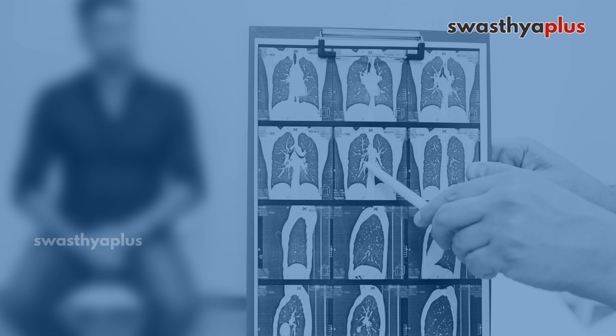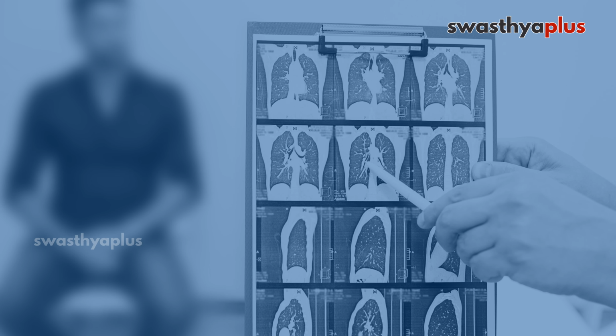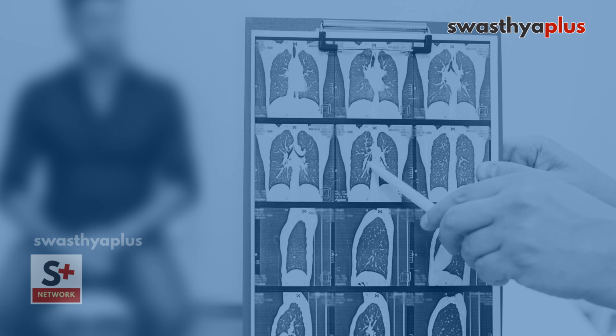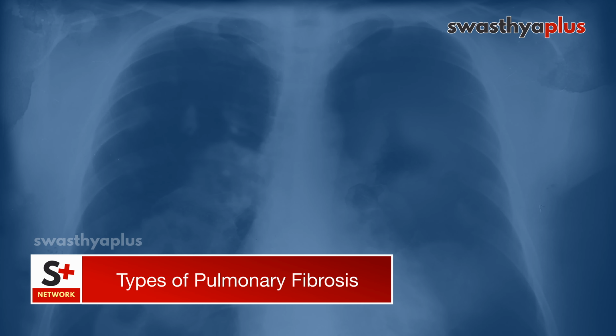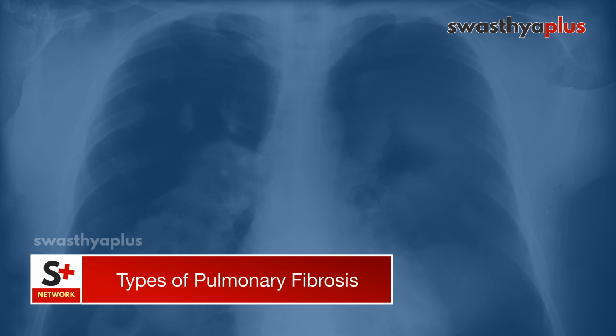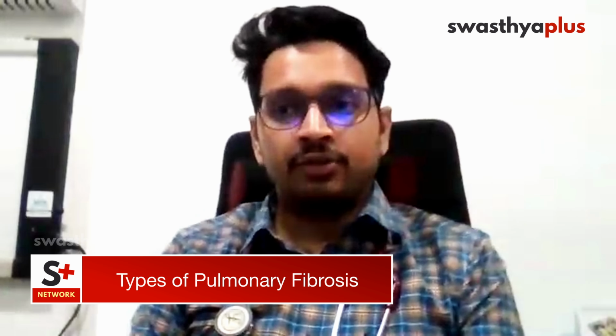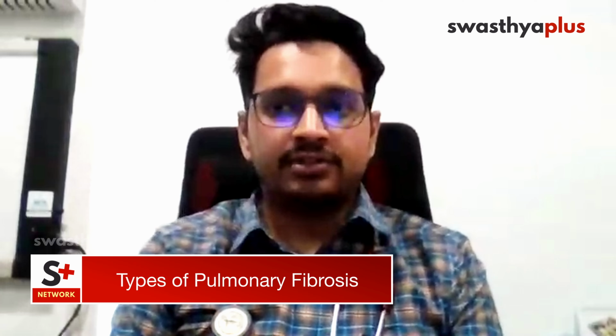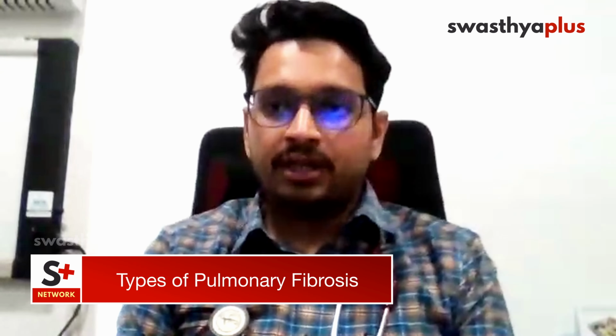The types of pulmonary fibrosis. There are many variants, but broadly, this may be divided into idiopathic pulmonary fibrosis, hypersensitivity pneumonitis, sarcoidosis, then pulmonary fibrosis secondary to connective tissue disorders like rheumatoid arthritis, systemic sclerosis, or mixed connective tissue disorders.